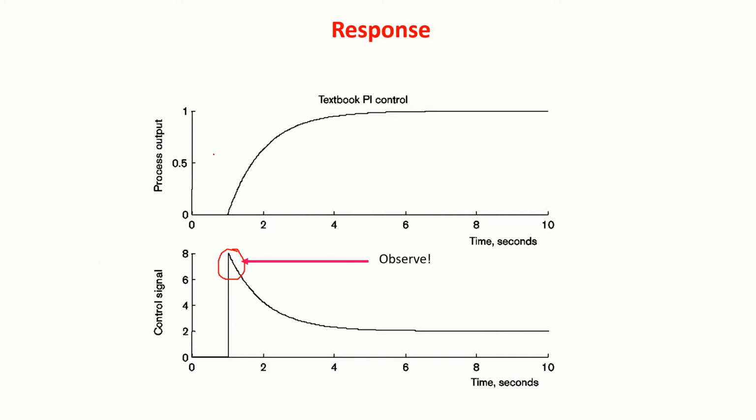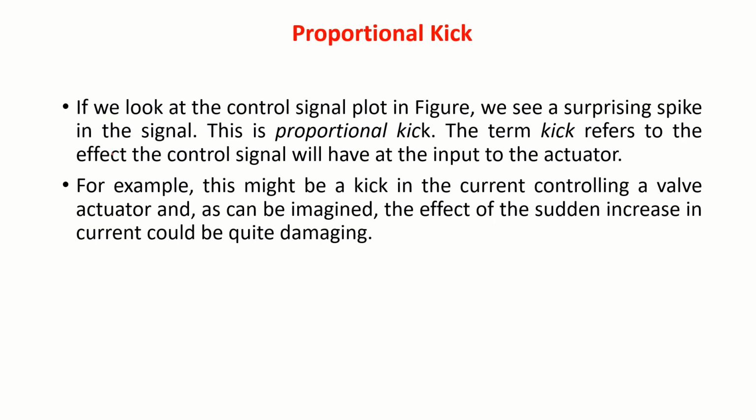The spike in the signal which I marked is known as proportional kick. Kick refers to the effect the control signal will have at the input to the actuator. For example, this might be a kick in the current controlling a valve actuator, and as can be imagined, the effect of the sudden increase in current could be quite damaging.